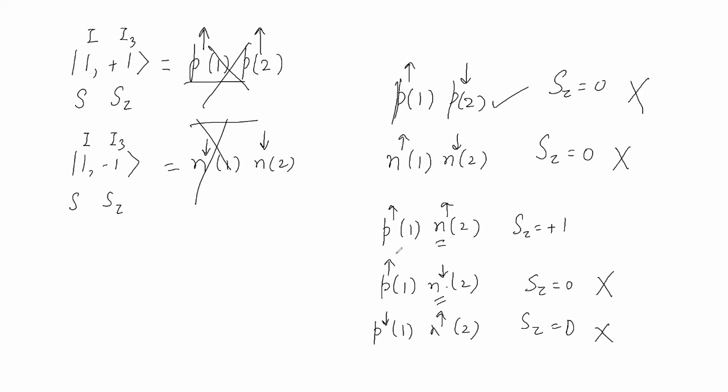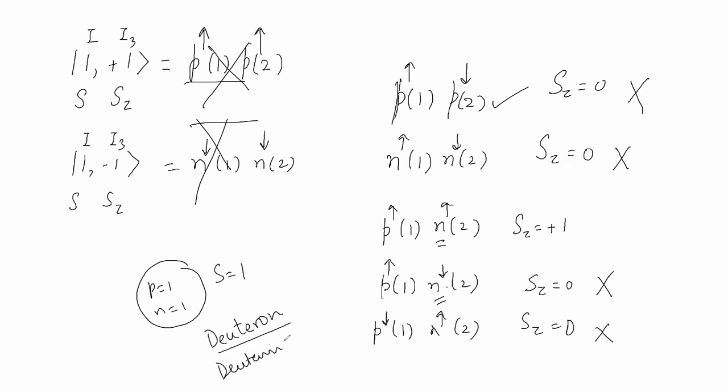While you have a proton-neutron spin 1 system, which we call by the name deuteron, or you call it by the name deuterium nucleus. You take out the electron from the deuterium atom, you are left with the deuterium nucleus. People talk a lot about it. Experimentally, it has been observed.